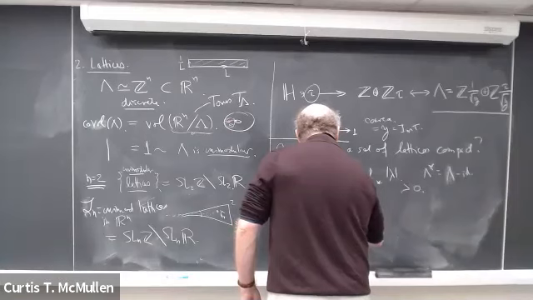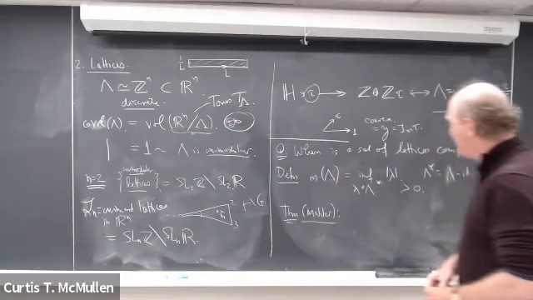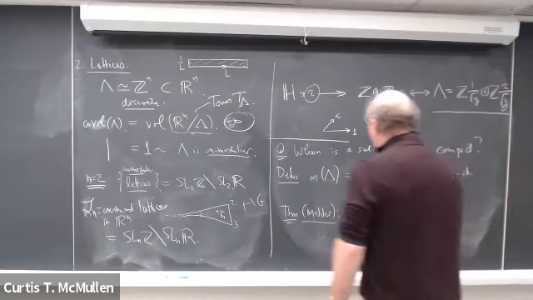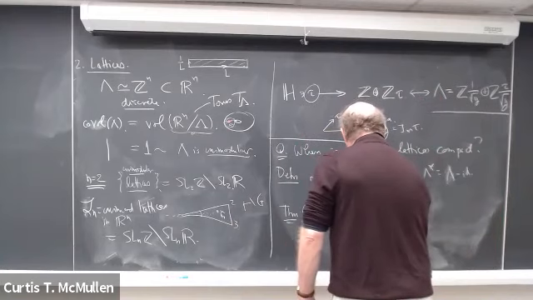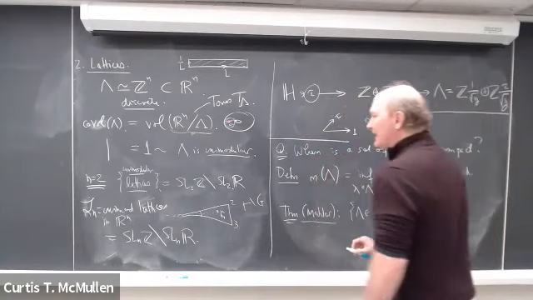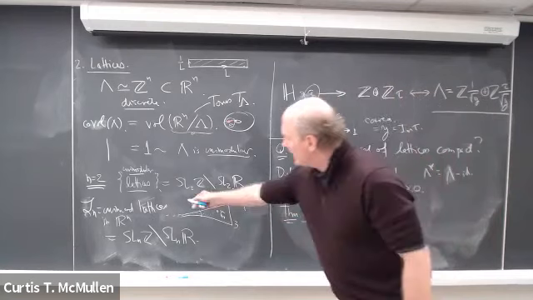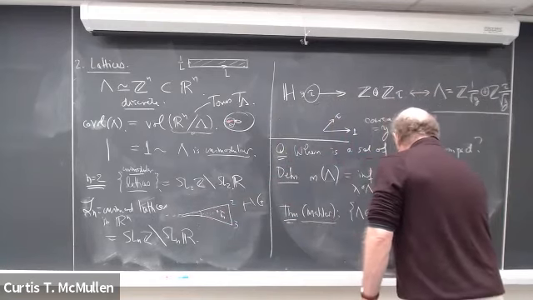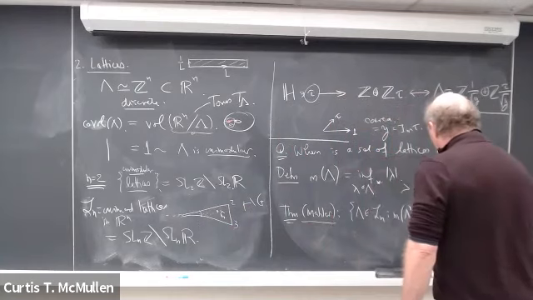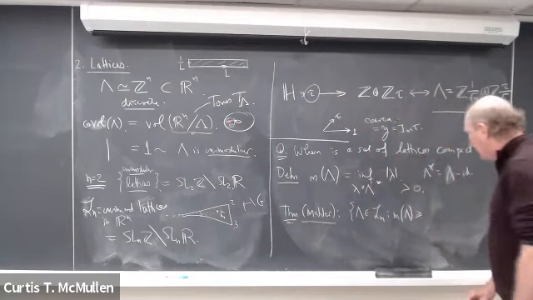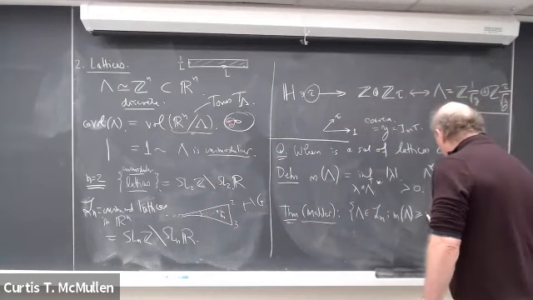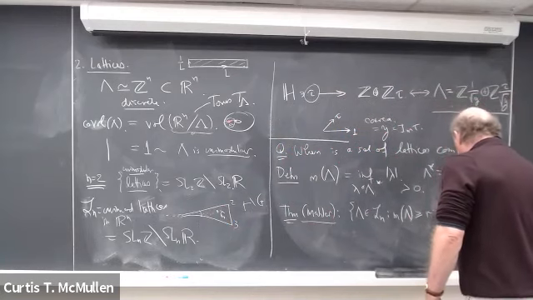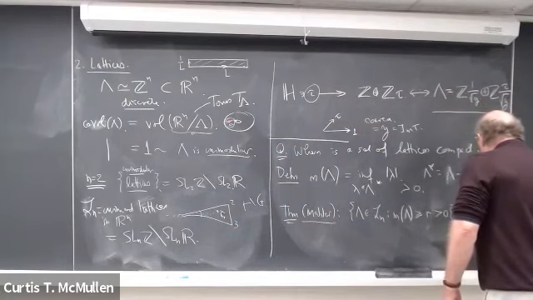And Mahler's theorem says that the set of lattices lambda in this space I called L_n over here, such that the length of the shortest lattice element is bigger than some r greater than 0, is compact.